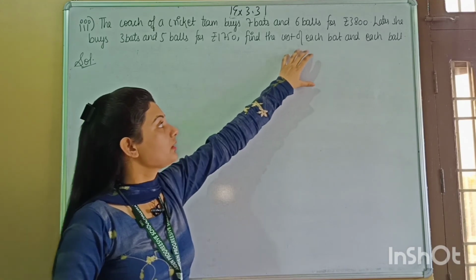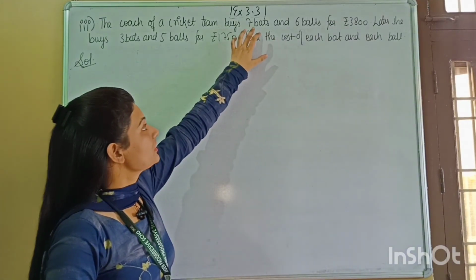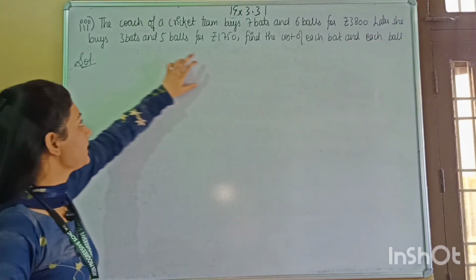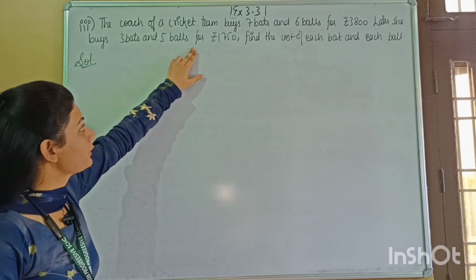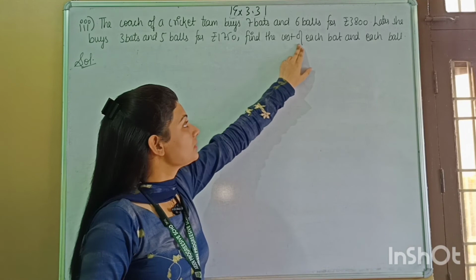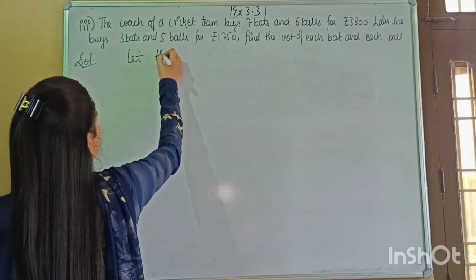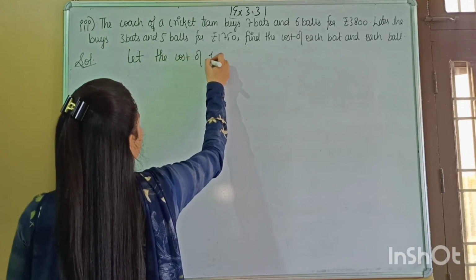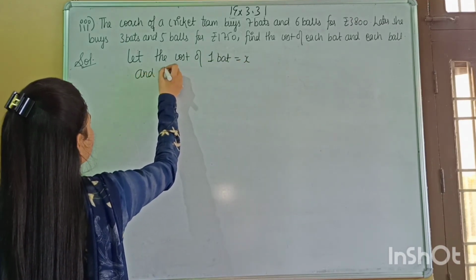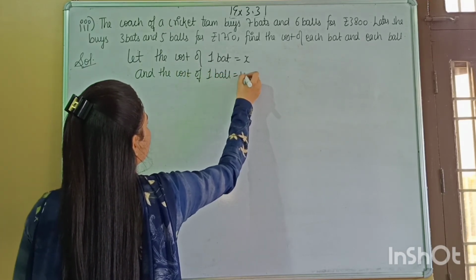So we will assume the cost of one bat is X and the cost of one ball is Y. So the coach is buying 7 bats and 6 balls for rupees 3800, and later she buys 3 bats and 5 balls for rupees 1750, and we have to find the cost of each bat and each ball. So first of all we will assume, let the cost of one bat be rupees X, and the cost of one ball be rupees Y.